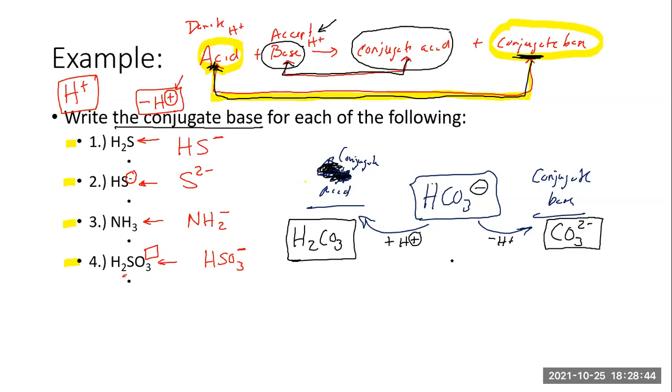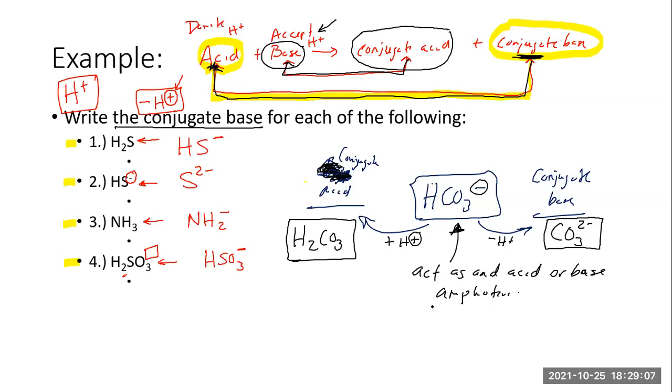Now you may notice that this guy here in this particular case could act as an acid or a base. And there are certain things that actually do have that ability to act as an acid or a base. And those guys are what are referred to as being amphoteric.